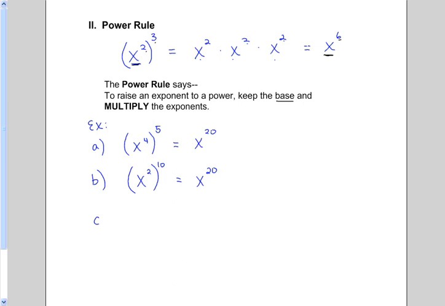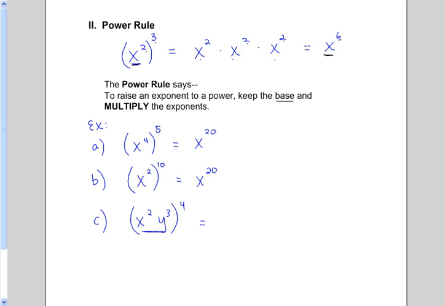Then if I have more than one variable, let's say I have x squared, y to the third, and all of that is in parentheses, raised to the fourth power. This is actually a break off of the power rule. This is called the power of a product rule, where you have a product in the parentheses that's being raised to an outer power. But it still falls under the power rule.